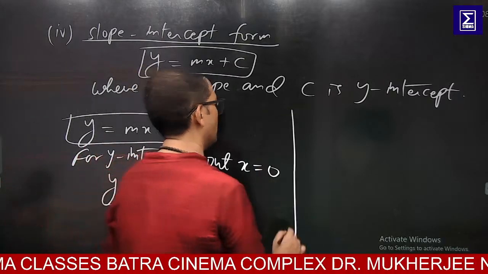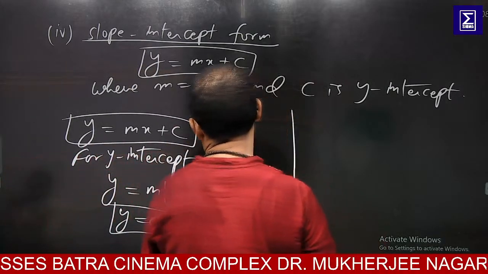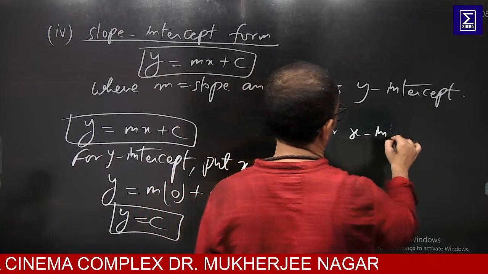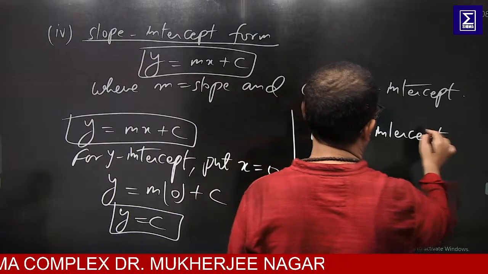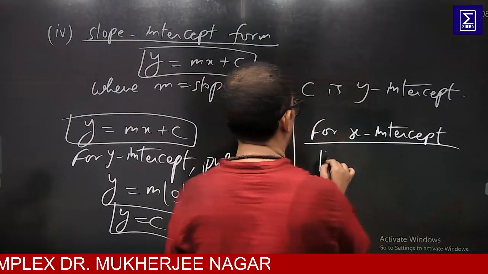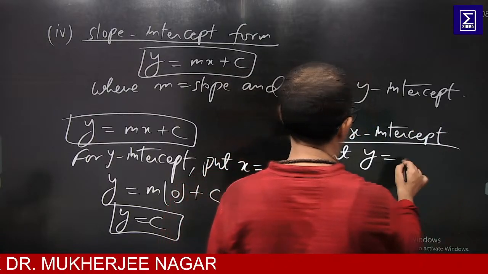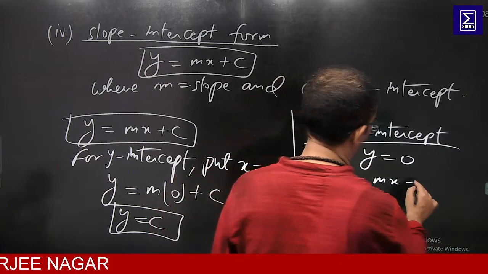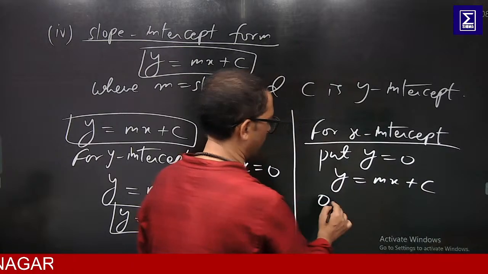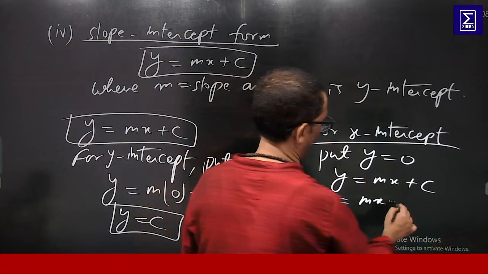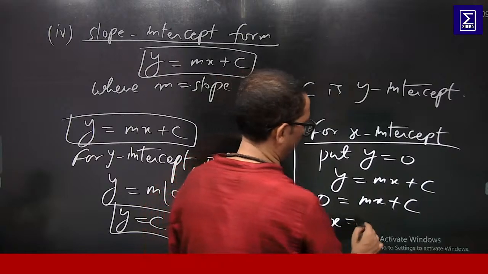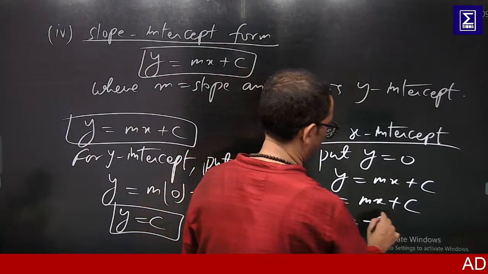If we want to know the x-intercept, for the x-intercept, put y is equal to 0. So, in the equation y is equal to mx plus c, if we put y is equal to 0, it will be mx plus c equal to 0. So, x will be nothing but minus c over m.